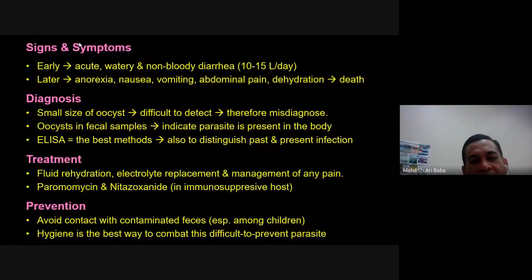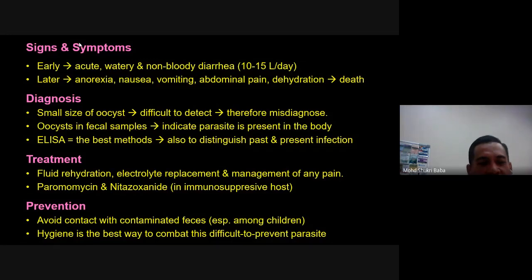In prevention, you should avoid contact with contaminated feces, especially among children. Hygiene is the best way to combat this difficult-to-prevent parasite. So you need to improve your hygiene and sanitation status surrounding your living area.